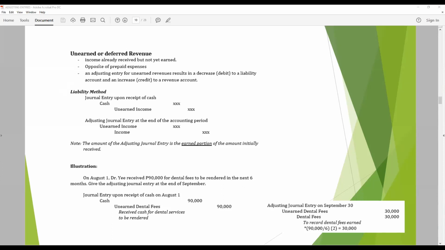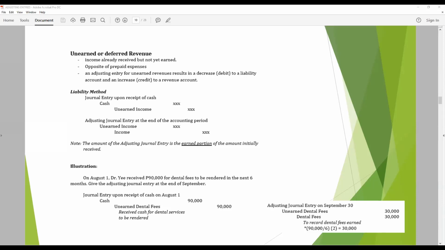It is the opposite of prepaid expense, kasi bayad na kayo pero hindi nyo pa na-incur. Dito naman, binayaran na kayo pero wala pa kayong right to record as income or revenue.